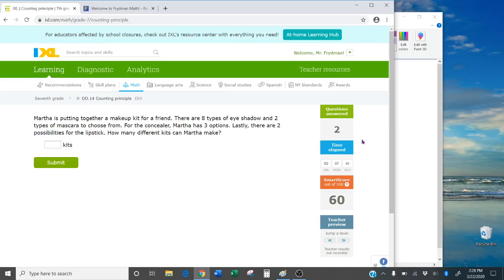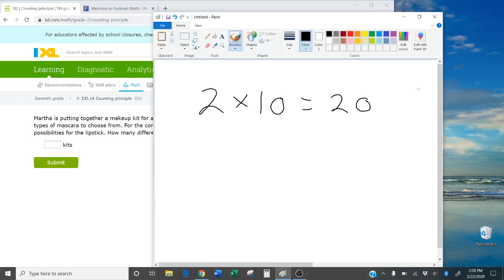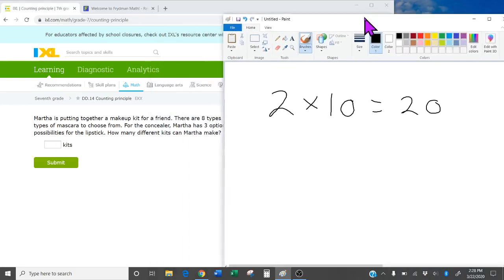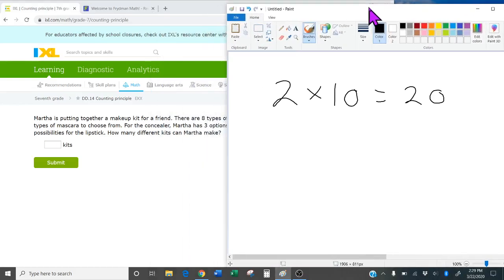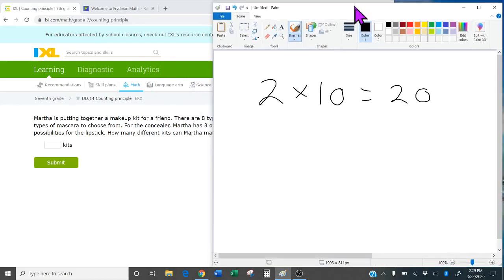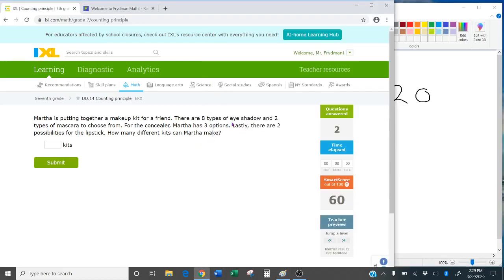Let's say somebody wanted to wear something different every day, have a different outfit every day, then how can we figure out how many different combinations there are?